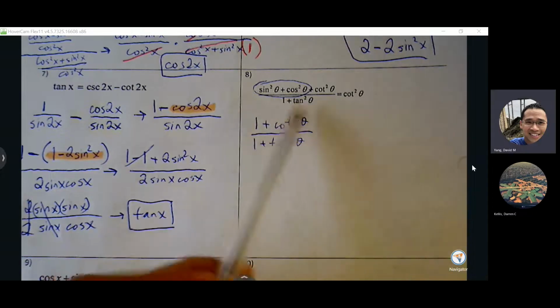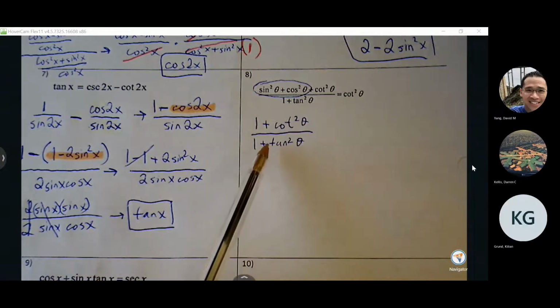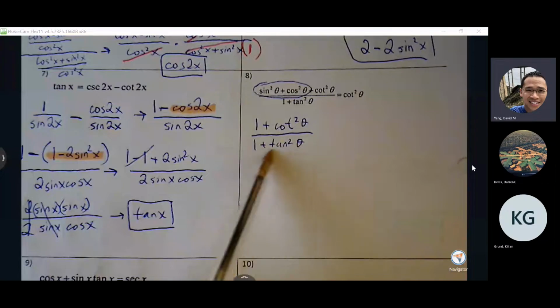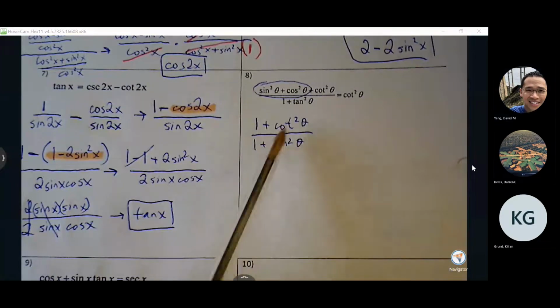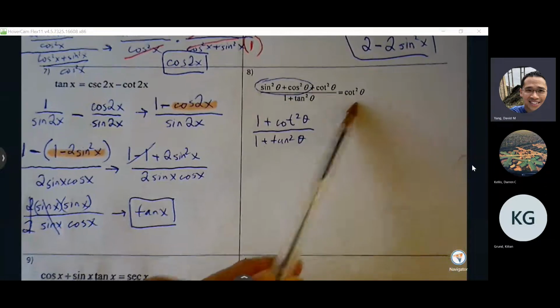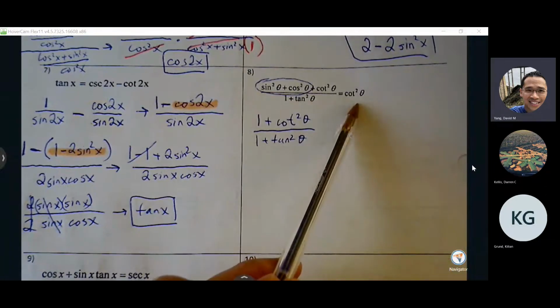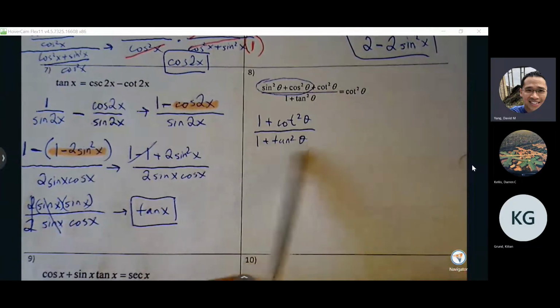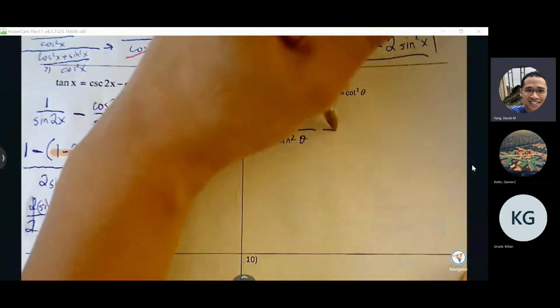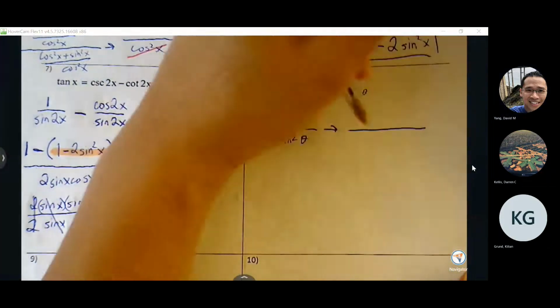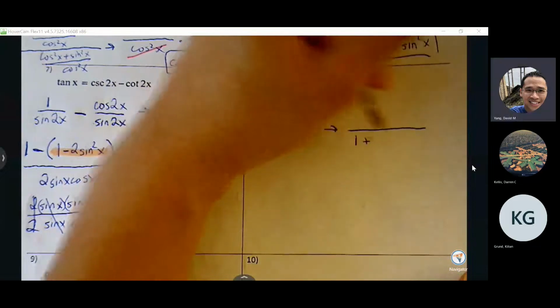So either we can get everything in terms of sine and cosine, or we can just convert the tangent in terms of cotangent. If everything's in terms of cotangent, we're hoping that will move us towards the goal here. So what if we just play with that denominator there, get that denominator to show cotangent.